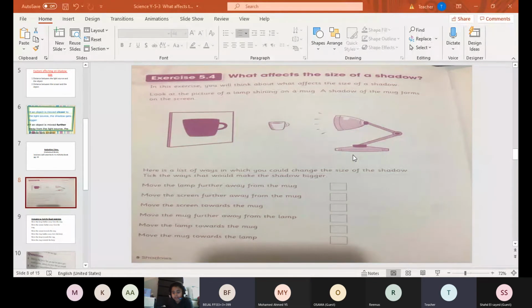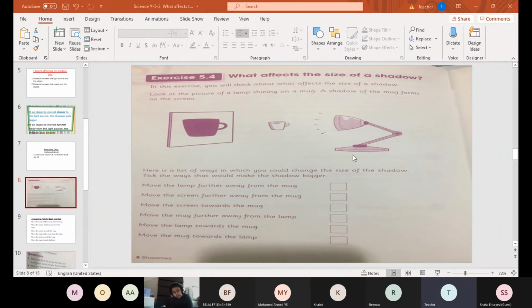Khalid, the third one: move the screen towards the mug. Then what happened? You have a mug with you? The shadow will become bigger. Is it bigger? Can you please check again?